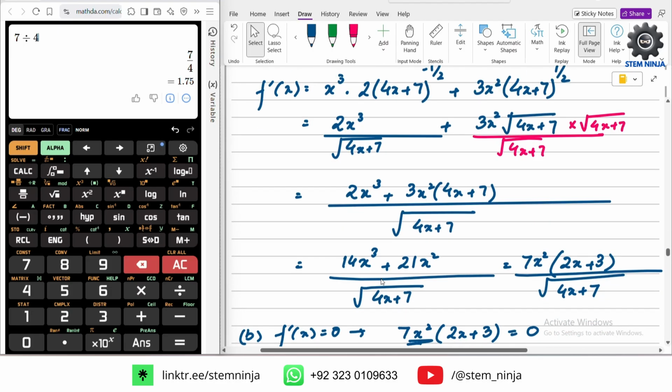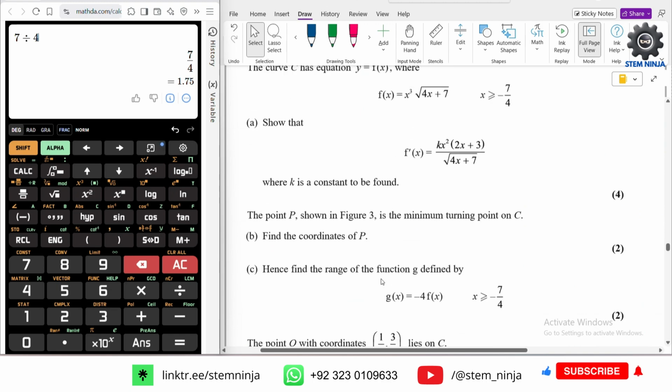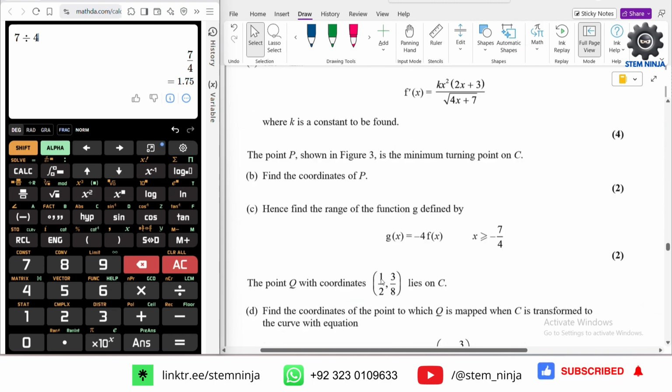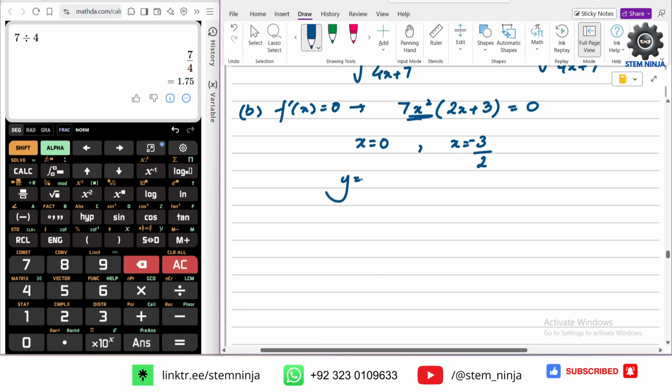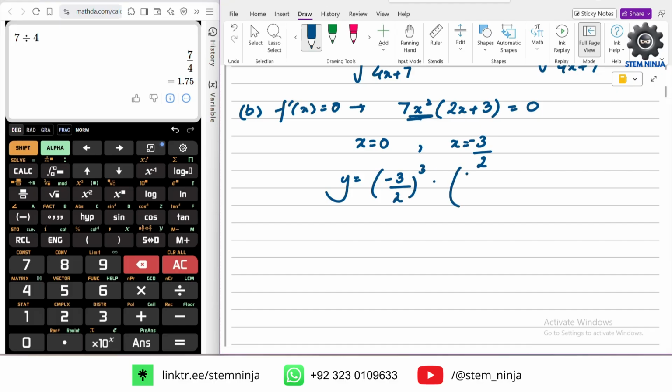Okay, find the coordinates, so we need the y part also. x cubed root 4x plus 7, 4x plus 7, to the power 1 over 2.